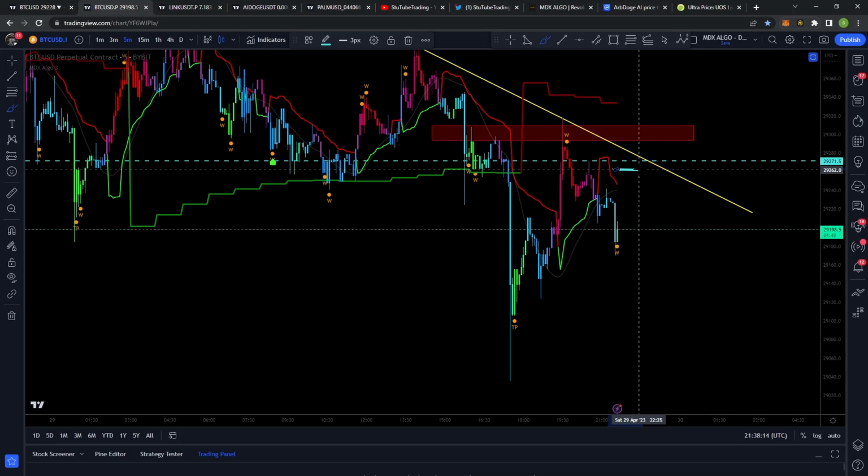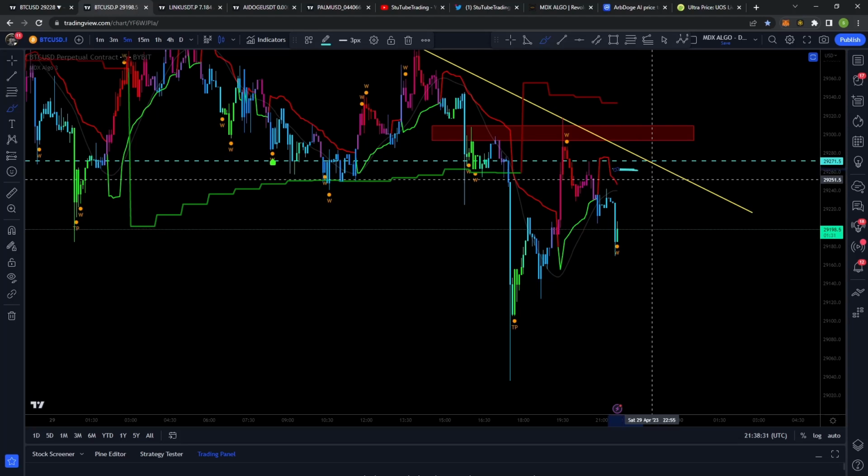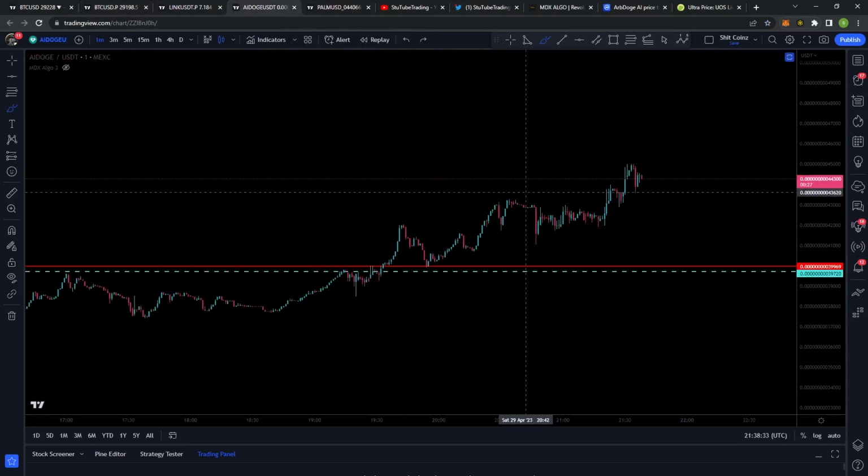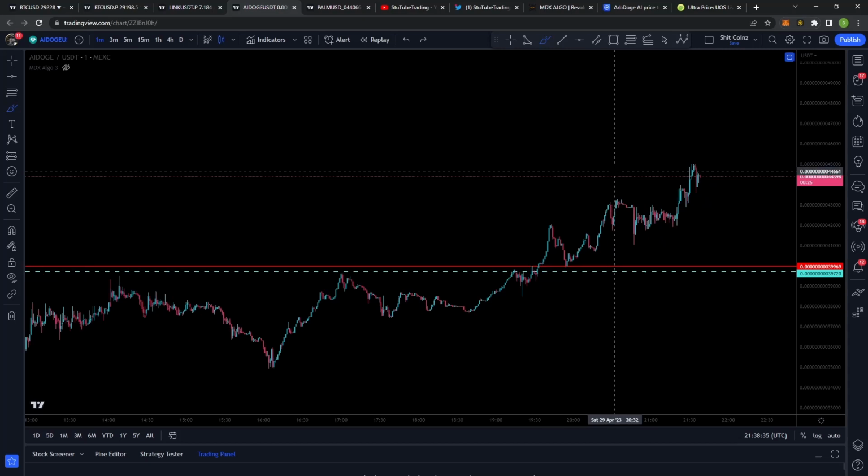So I'm going to update my stop loss to right there, 29,262. And that way I can't lose on this position anymore. And same with this one. So success. We did it.